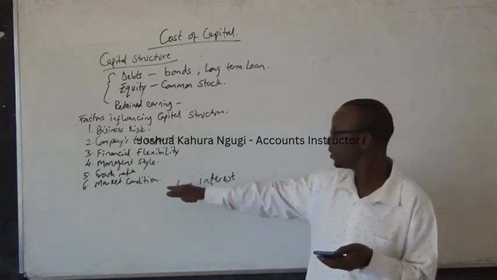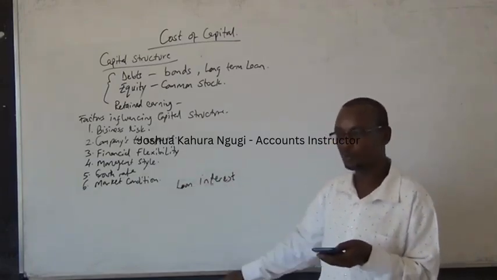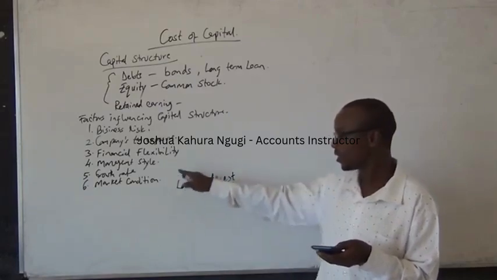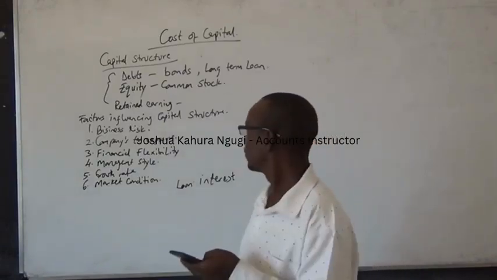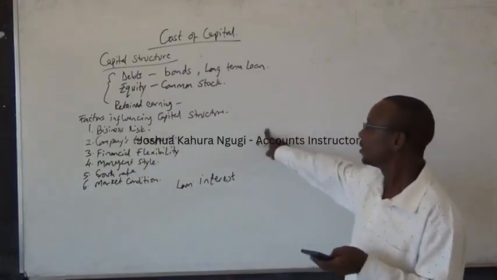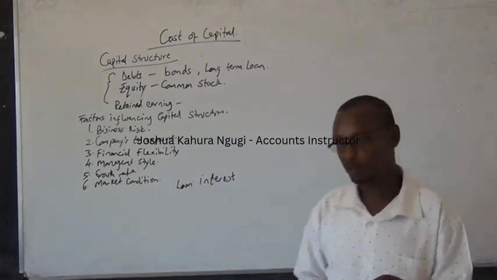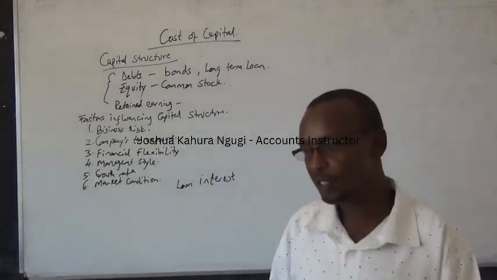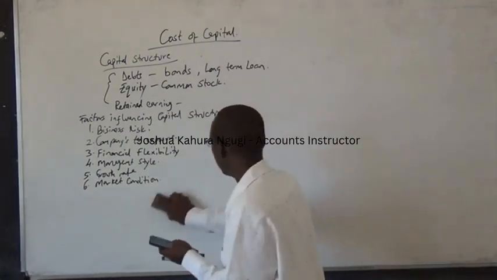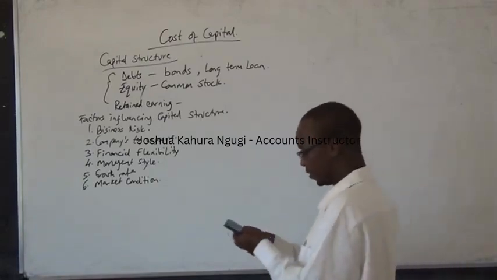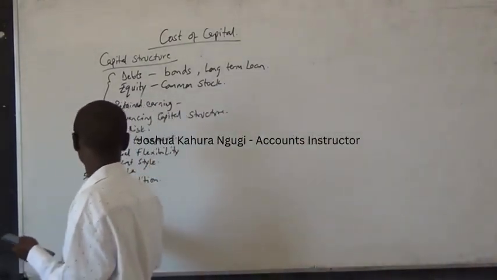The company appears to be in a market condition that is not good. Yeah, that's another factor. So these are factors that influence what? Capital structure. Already now you know what capital structure is, isn't it? Now these are factors. Then, factors influencing cost of capital.